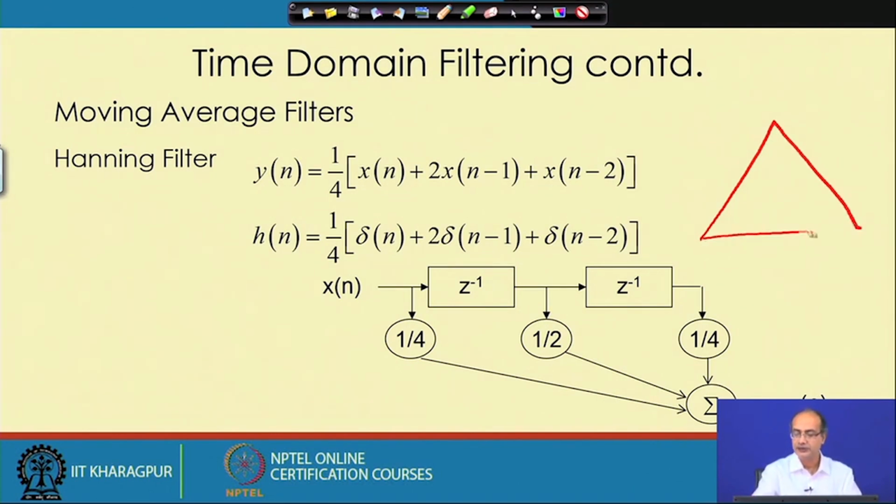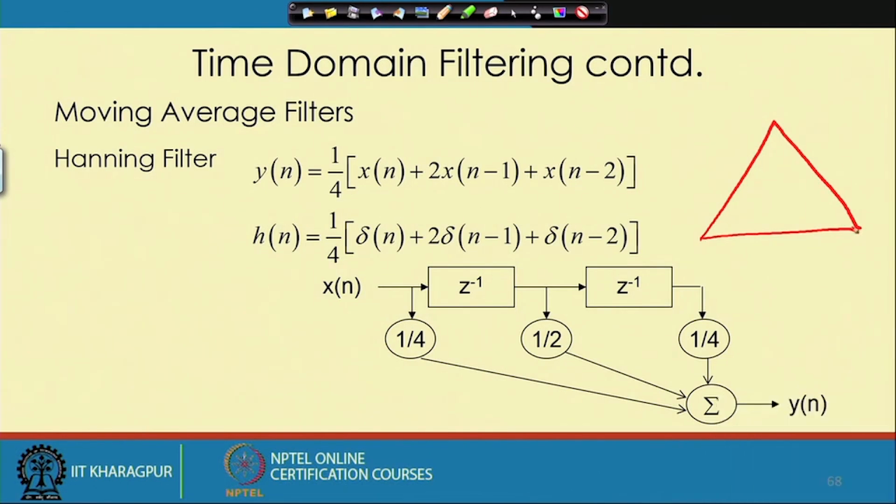So, the base is the time and we get a triangle, and in this particular case the filter weights we have chosen as integers. So, we can also call this filter an integer filter.